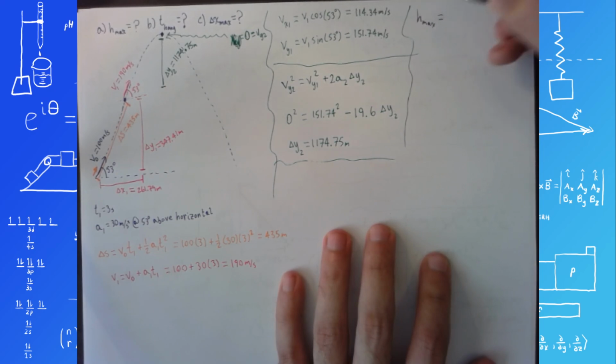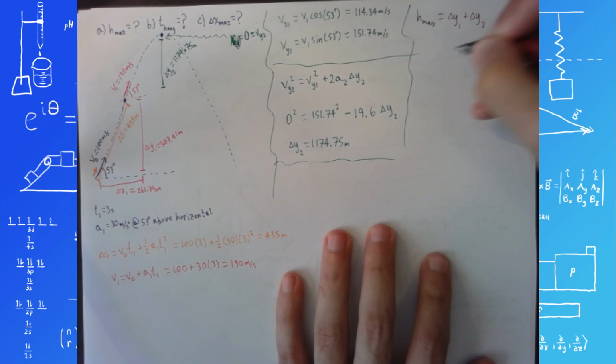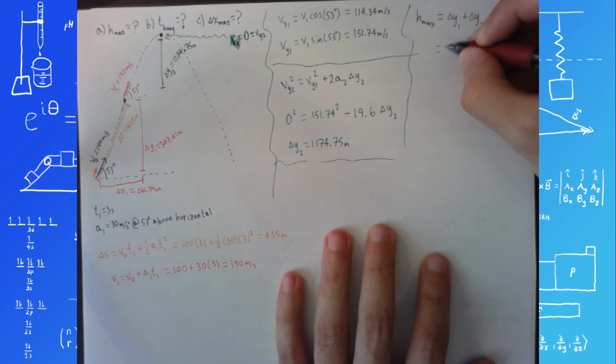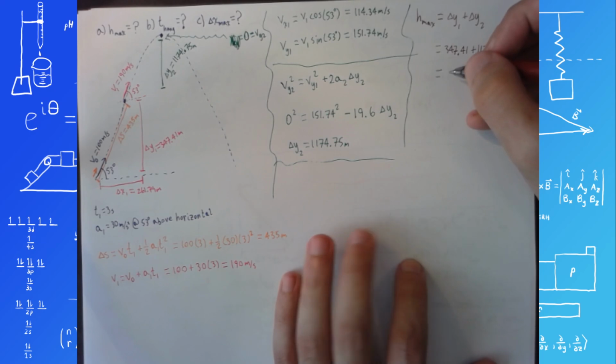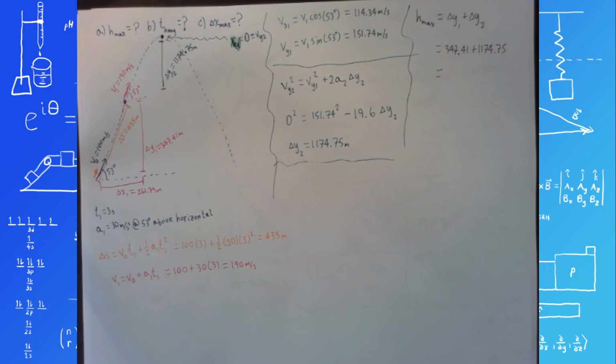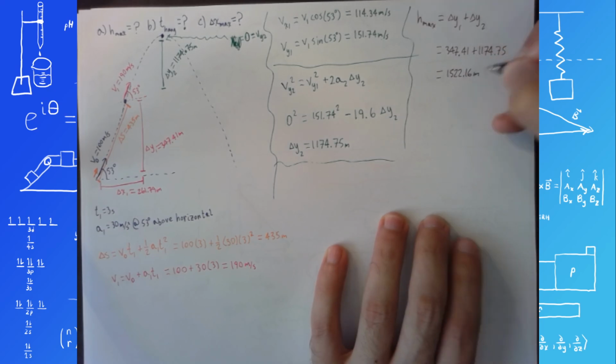Maximum height is just equal to delta y1 plus delta y2, which is equal to 347.41 plus 1174.75, which equals 1522.16 meters.